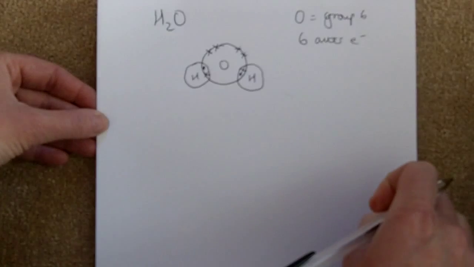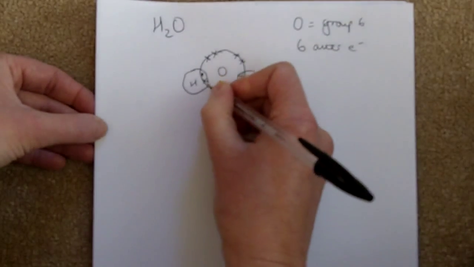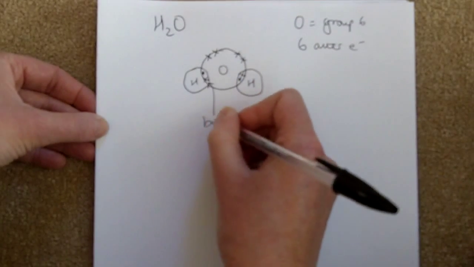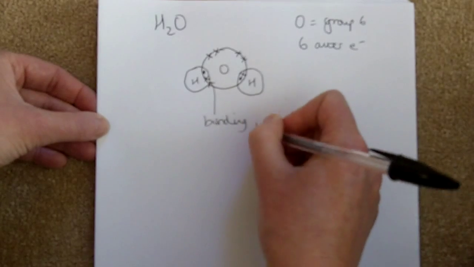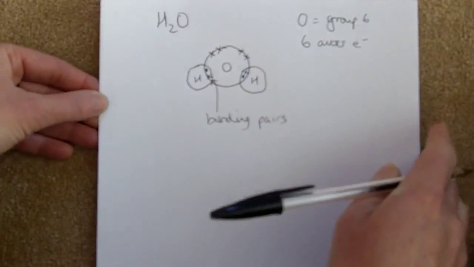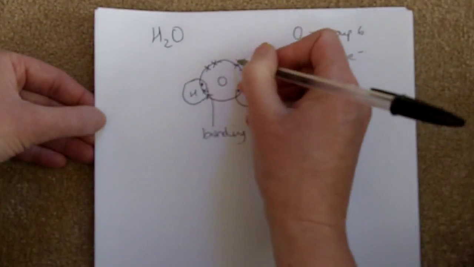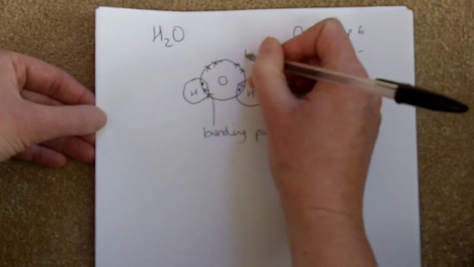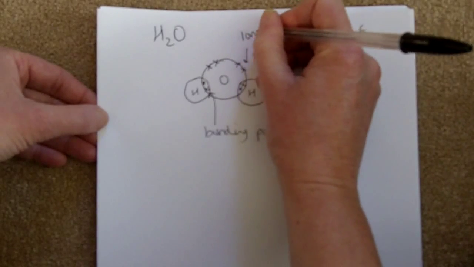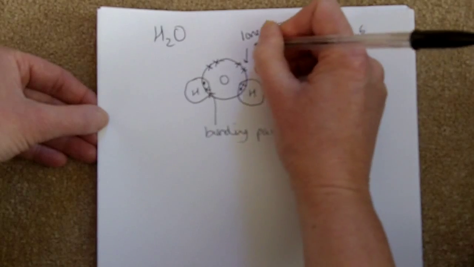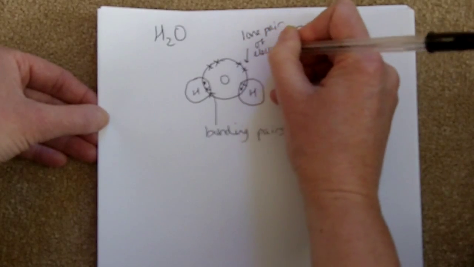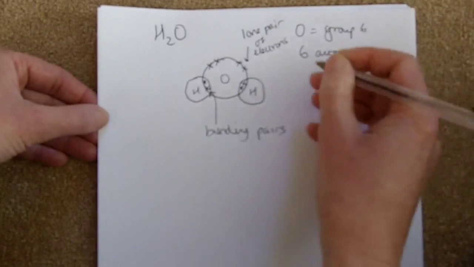Okay. Now, these are called bonding pairs of electrons because they're bonding. These 2 here are called lone pairs of electrons because they are not bonded.